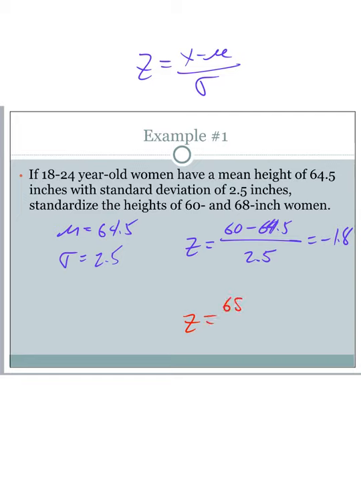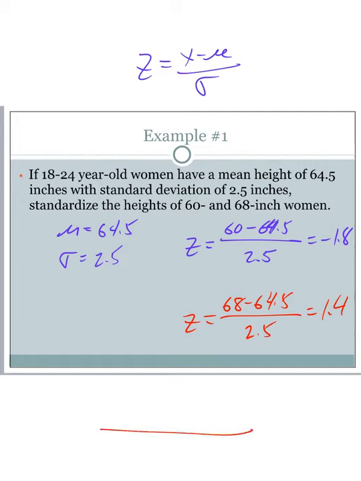And then the 68-inch woman would be 68 minus 64.5 over 2.5. And so in that case, we would have a z-score there of 1.4. And so that individual would be 1.4 standard deviations above the mean in terms of her height.